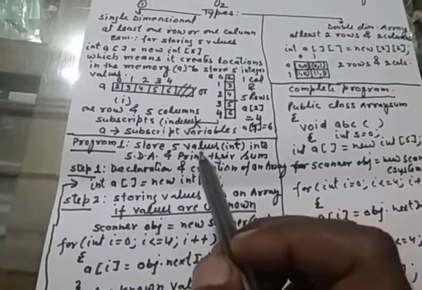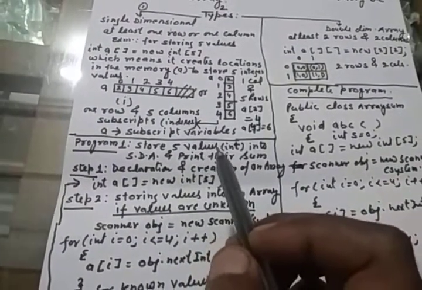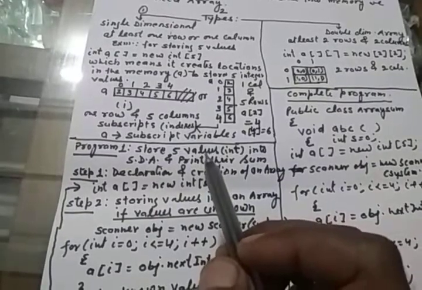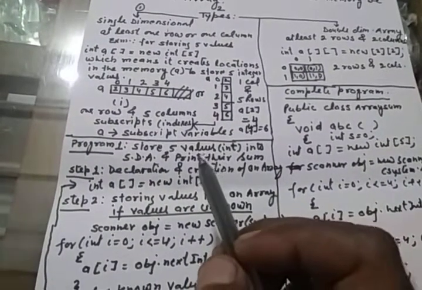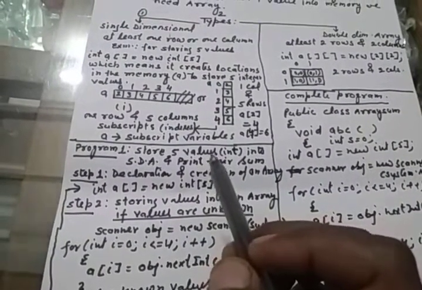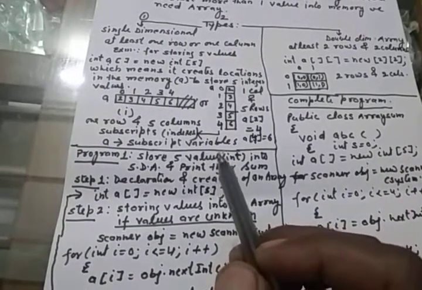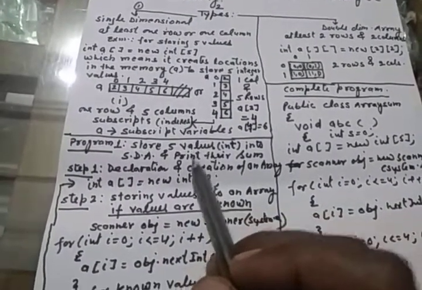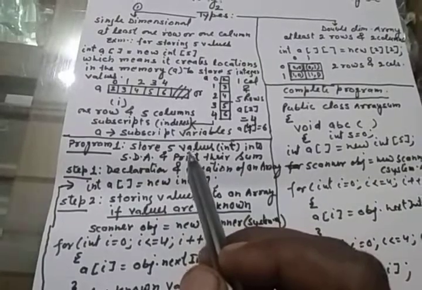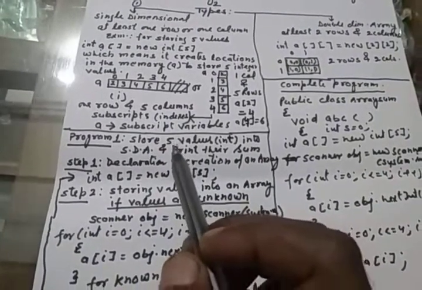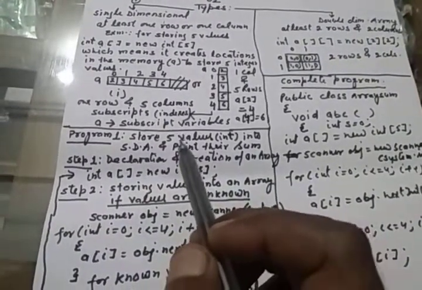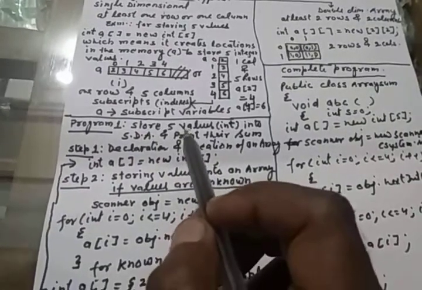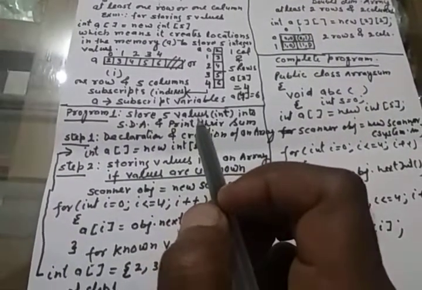As I told you, what is the need of array? The need of array is if you want to store more than one value into any memory variable, we have to use the array. So here the question is, we have to store 5 integer values into a single dimension array.